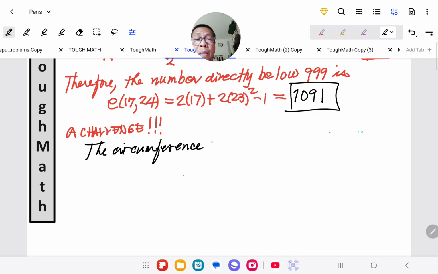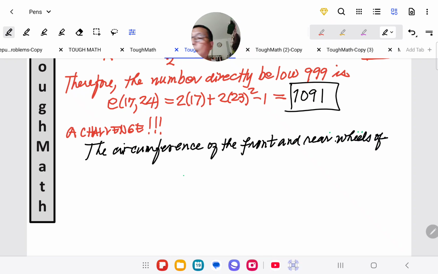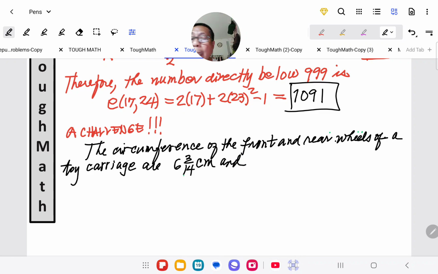the circumference of the front and rear wheels of a toy carriage are 6 3/14 centimeters and 8 1/18 centimeters respectively.